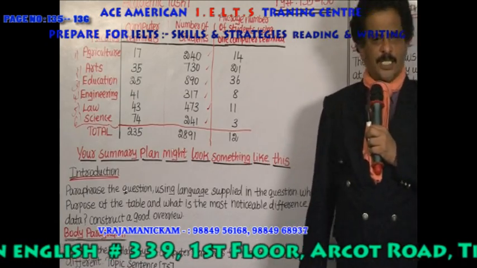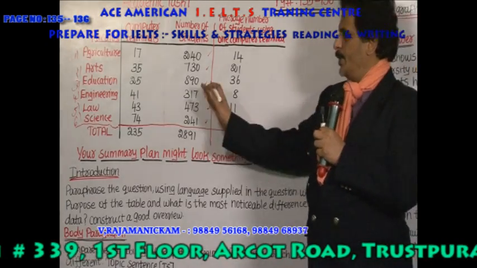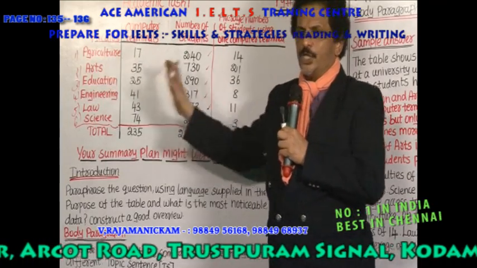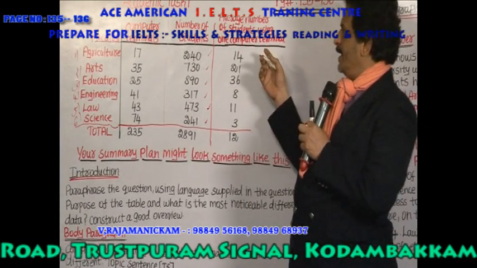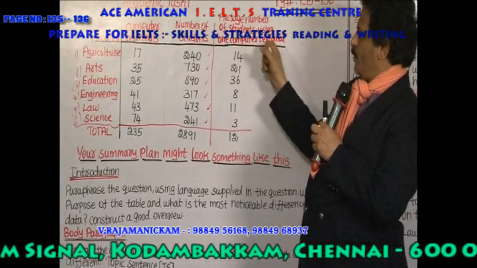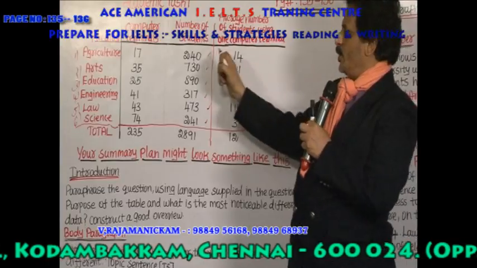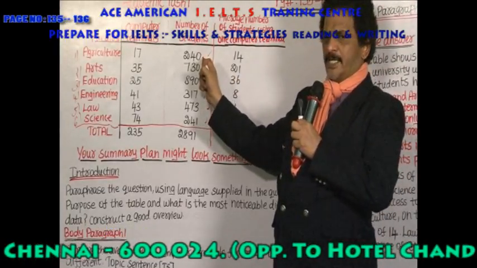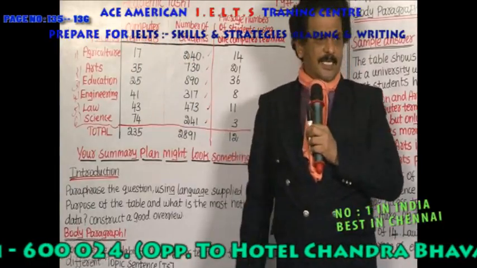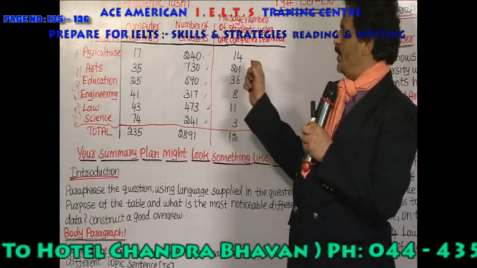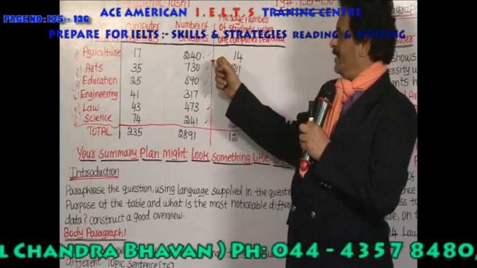Now in the fourth column, you find the average number of students using one computer terminal. 240 students are in which department? The agriculture department. How many computers are there? 17 computers. So on average, 14 students use one computer.